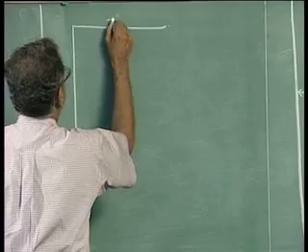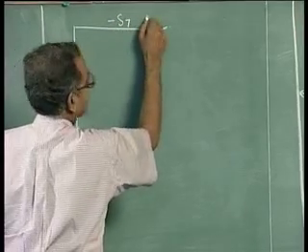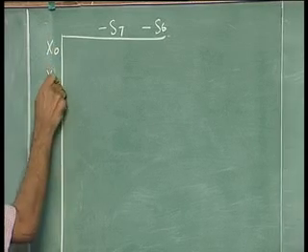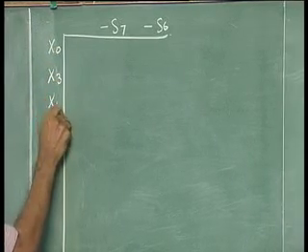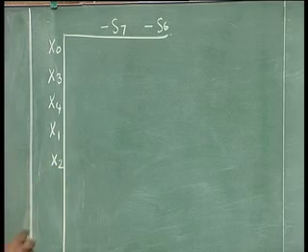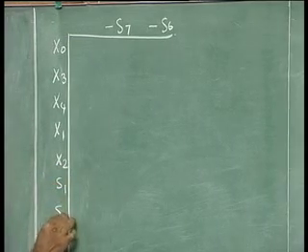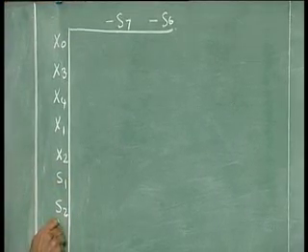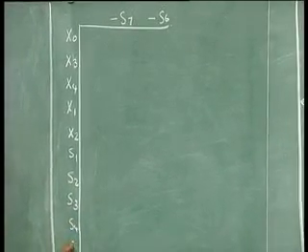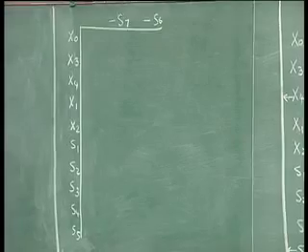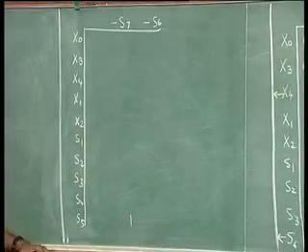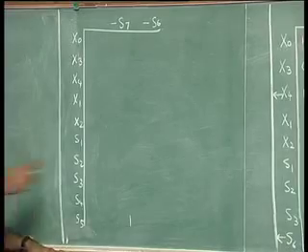and we get minus S7 minus S6 x0 x3 x4 x1 x2 S1 S2 S3 S4 and S5. Pivot element remains as a pivot element, rest of them are divided by the pivot.